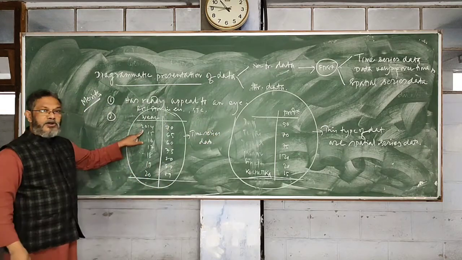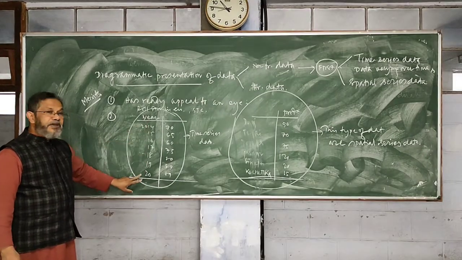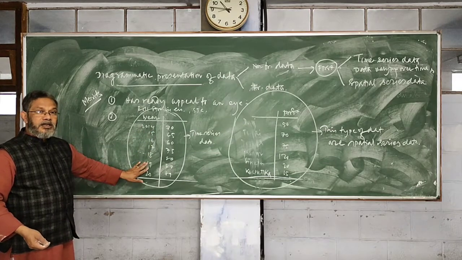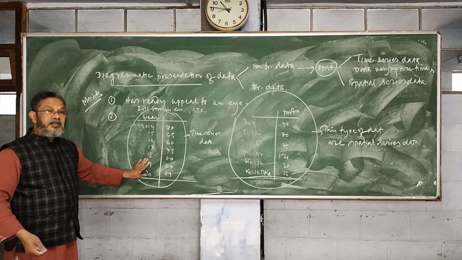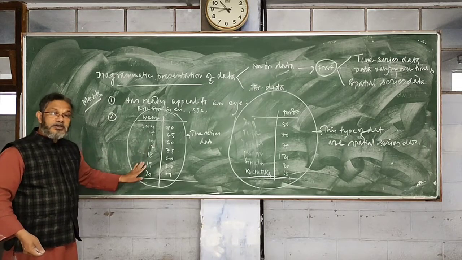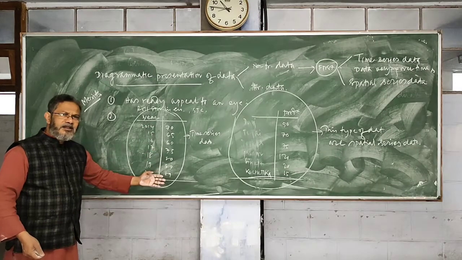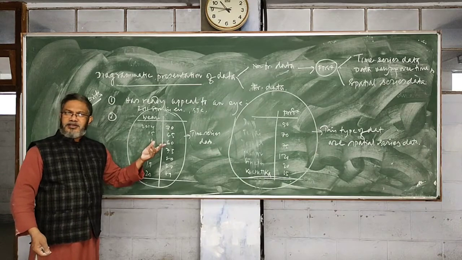Their time 14, 15, 16, 17, 18, 19, 20. These time periods, their identity are not omitted. They are retained. They are important. Without them, these data not that important, useless.